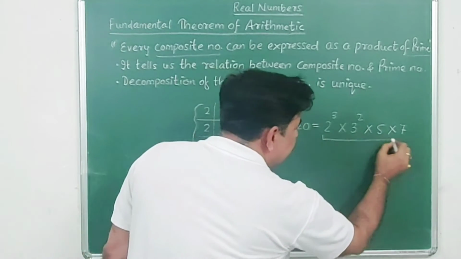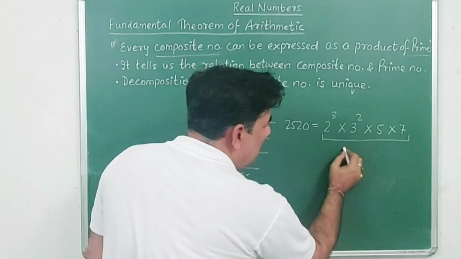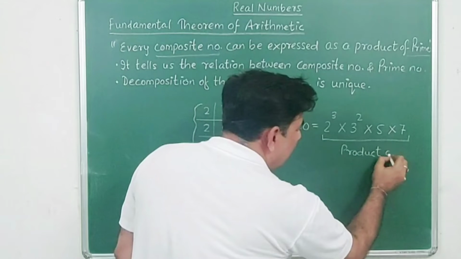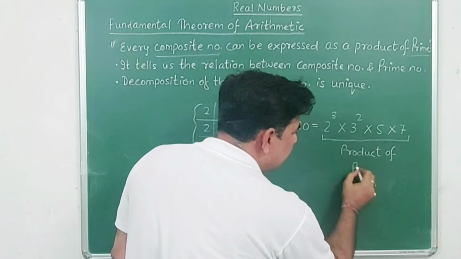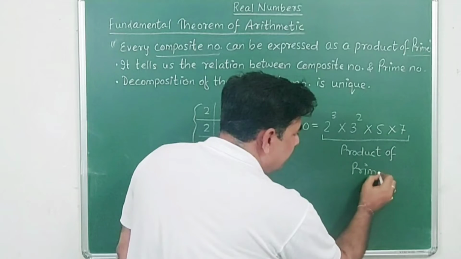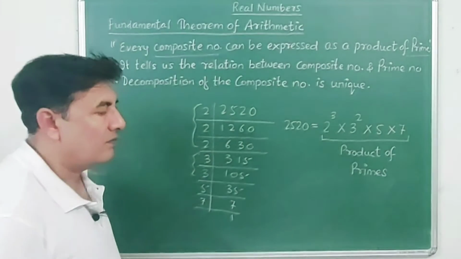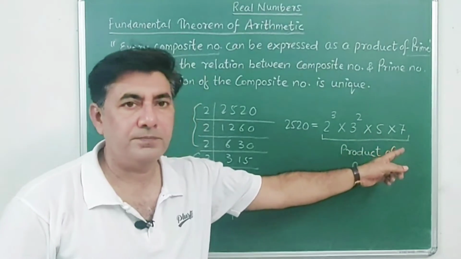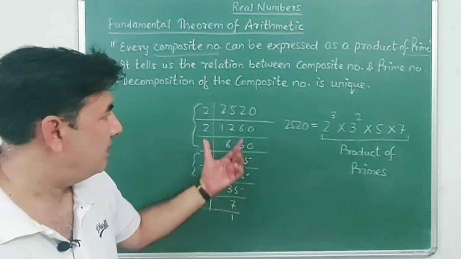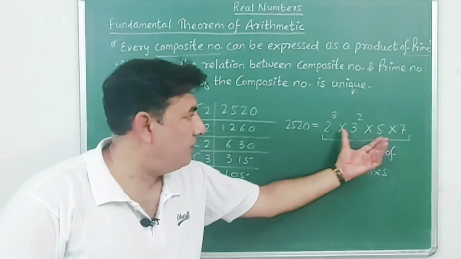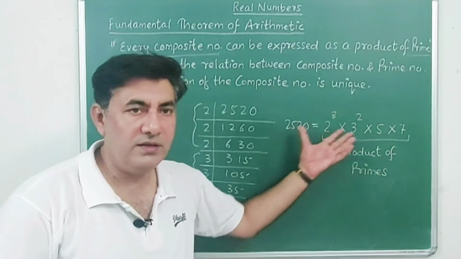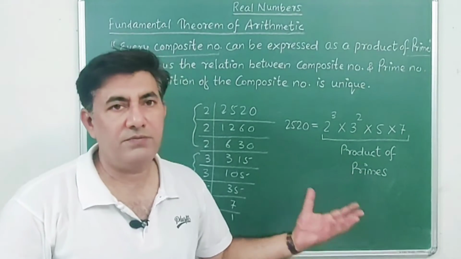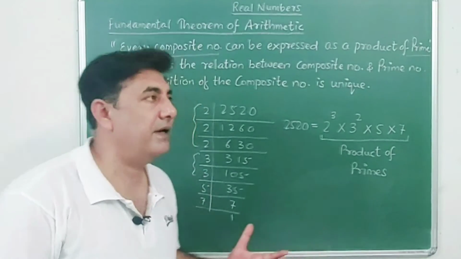This expression is called a product of primes. Primes stands for prime numbers. All these numbers are prime numbers like 2, 3, 5, 7. And when we express this composite number in this way, we call it a product of primes. So this is the fundamental theorem of arithmetic.